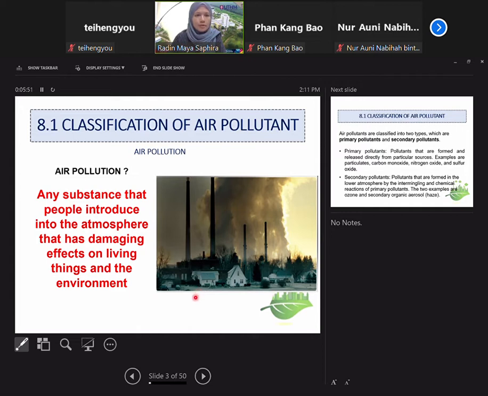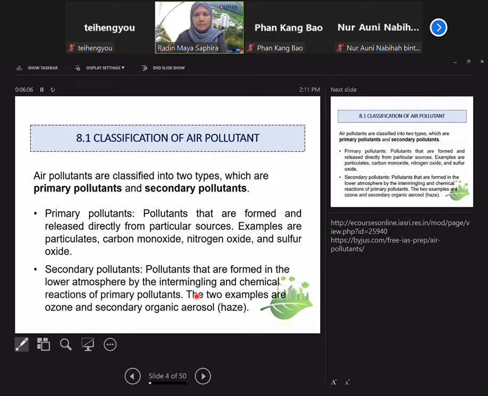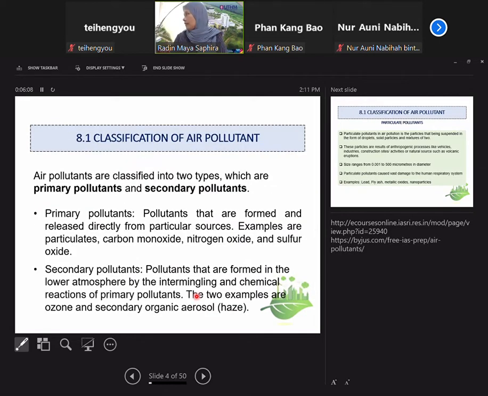So air pollution, as we know, is any substance that can be harmful to the environment. Certain gases like nitrous oxide can give a brownish color, but the others are colorless.